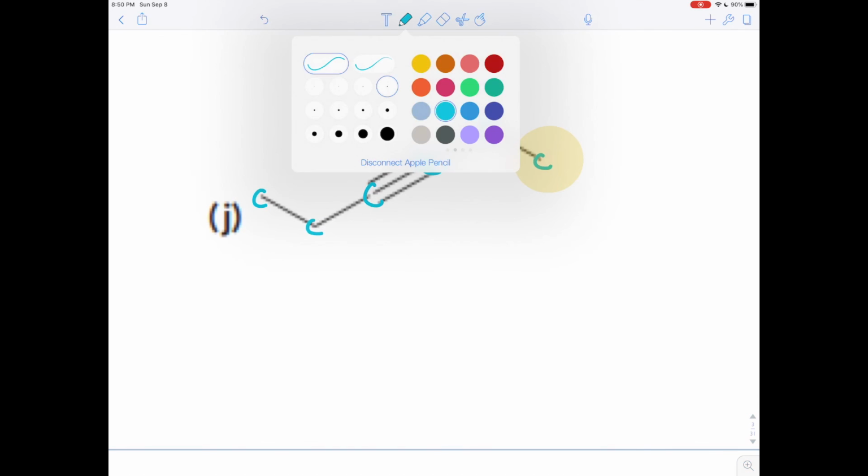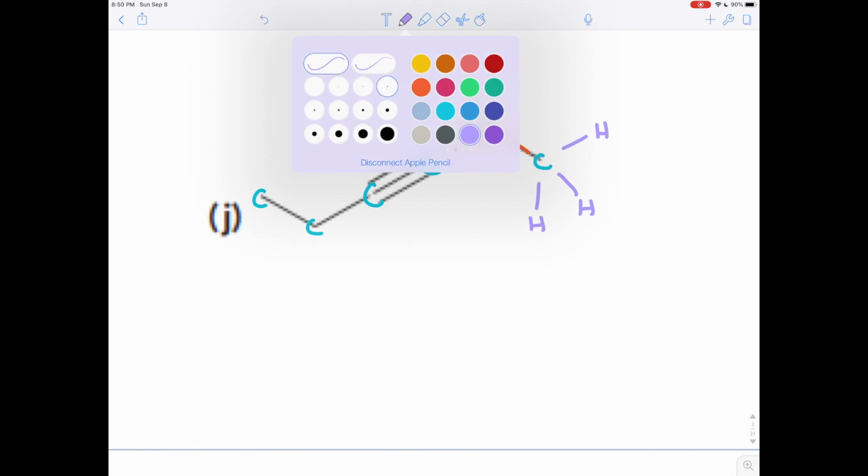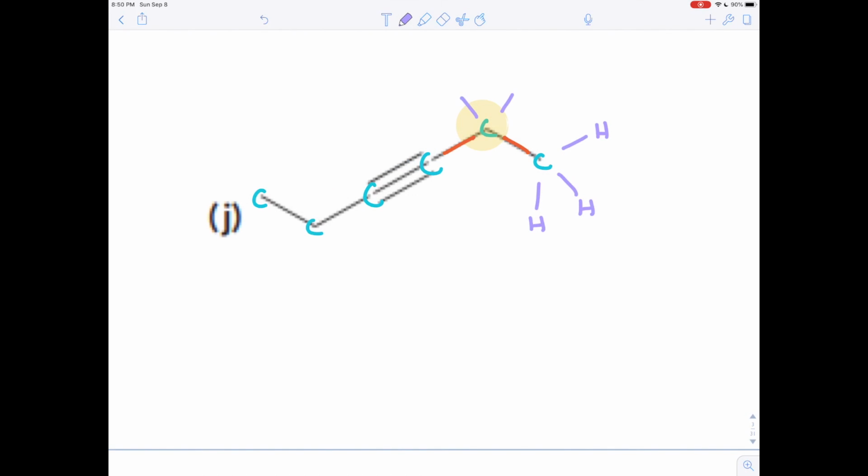So this carbon on the right there only has 1 bond drawn explicitly. That means it must have 3 implied bonds to hydrogens to give it a total of 4 bonds. The next carbon has 2 bonds drawn explicitly. That means it must have 2 bonds implied to hydrogen to give it a total of 4 bonds.